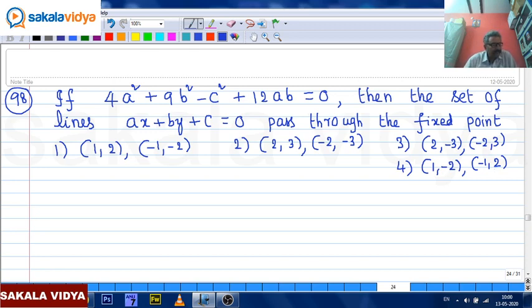Okay. Right. 4a square plus 9b square minus c square plus 12ab is equal to 0. Then the set of lines ax plus by plus c is equal to 0 passes through the fixed point. Okay. Solution.